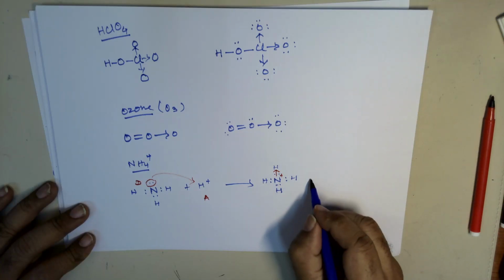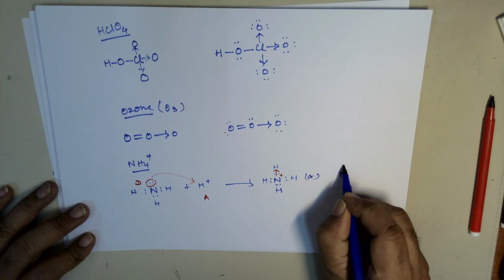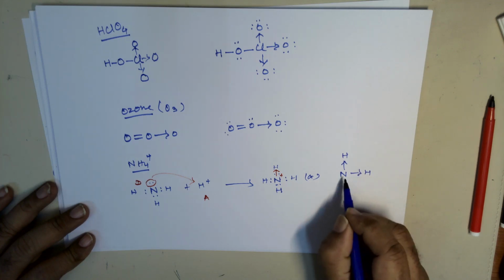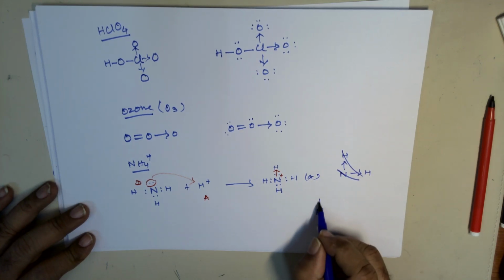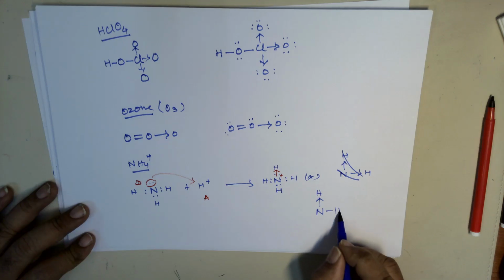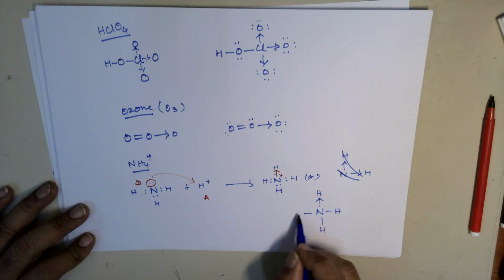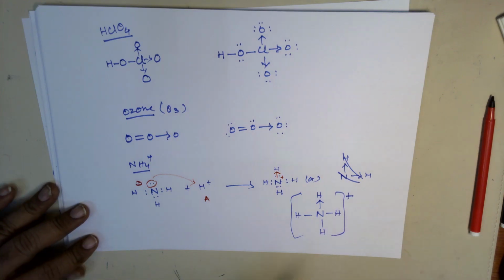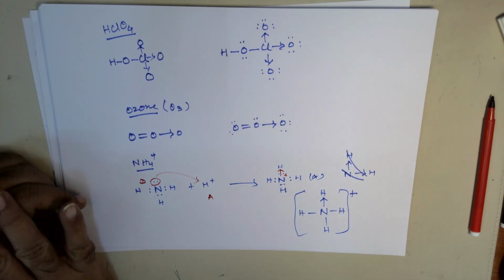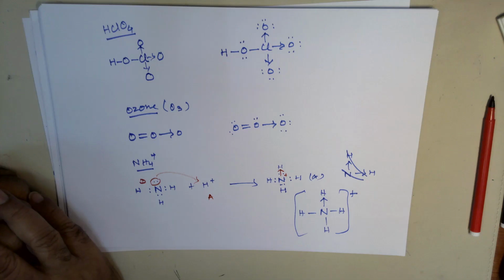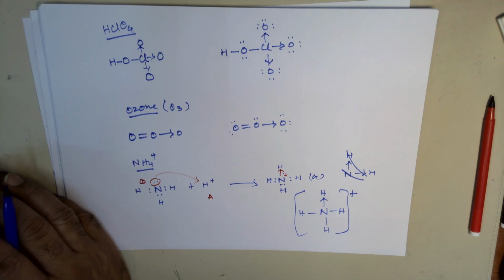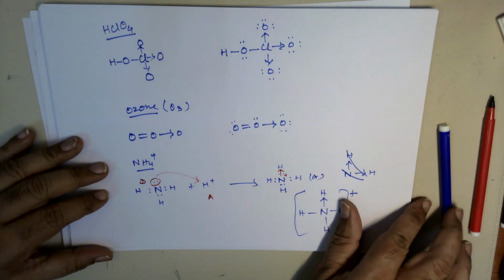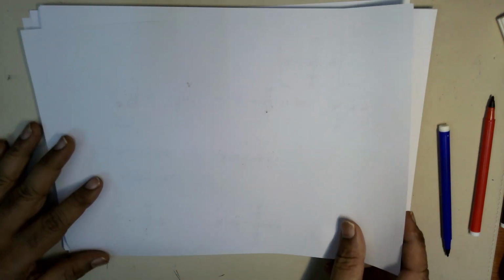So you can write this as N H H H H. So one coordinate bond and put plus as a resultant. Shall we try formation of hydronium ion from water? Try that. Take water, add H plus, and form the structure of hydronium ion. Do it.